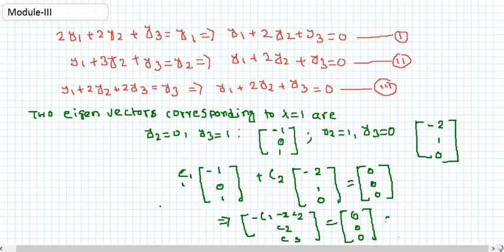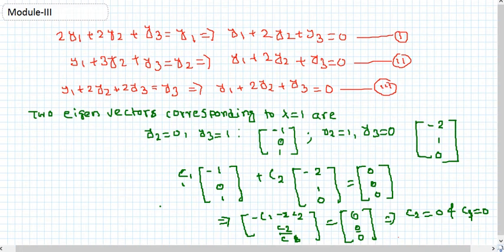From there we can easily find that C2 must be 0 and C1 must be 0. Sorry, here I made a mistake: it should be C1 instead of C3. So C2 is 0 and C1 is 0.